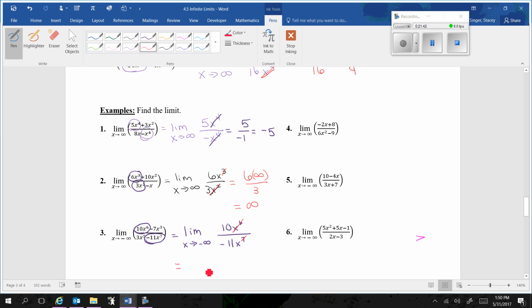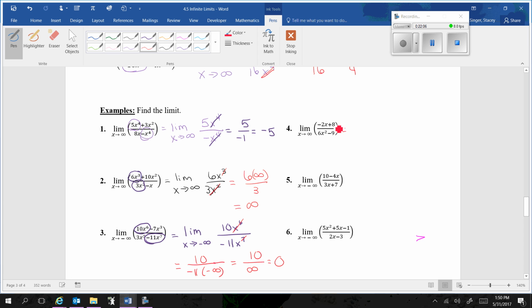I'm plugging in my negative infinity, so I'd have 10 divided by negative 11 times negative infinity. Be careful about your negatives. So I'd end up with 10 divided by infinity, which gives me 0. Whenever you have infinity, positive infinity, negative infinity, doesn't matter which one, in your denominator you're going to end up with 0 for your limit value.